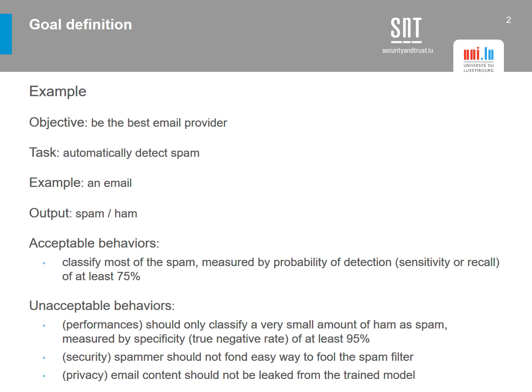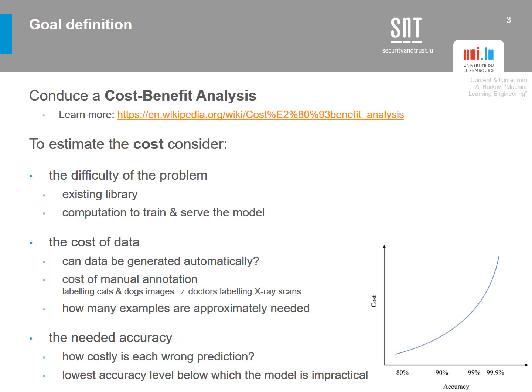Now let's try to know a thing or two about the cost that we should consider or estimate. At this step of the goal definition, what can be good to do is a cost benefit analysis. The general idea is that we need to analyze the benefit of deploying such a model, doing such a task in an automated way using machine learning, but compare it with the cost.